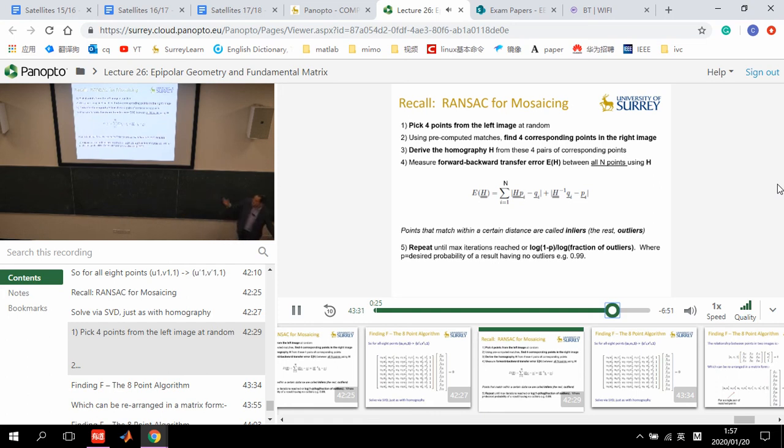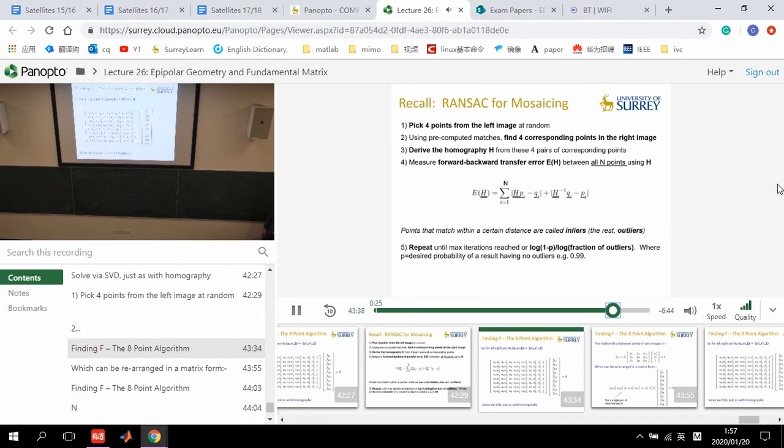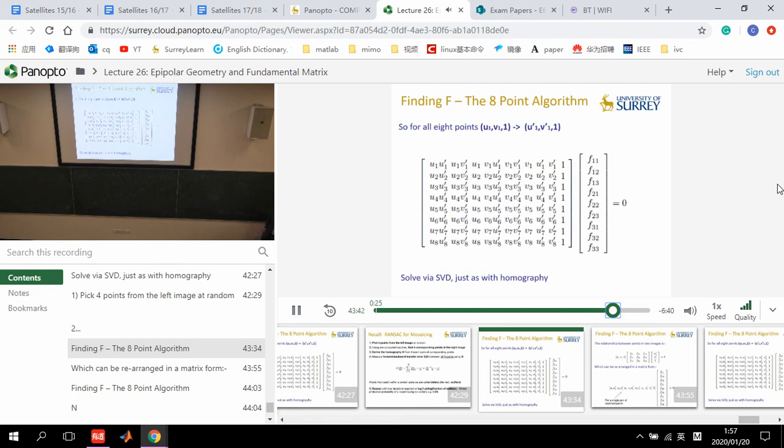We can apply exactly the same process here to the 8-point algorithm. We're going to pick 8 points this time at random from a set of 200 putative correspondences. We're going to figure out an F using the 8 we've sampled, and we're going to figure out how well that F fits all of them.